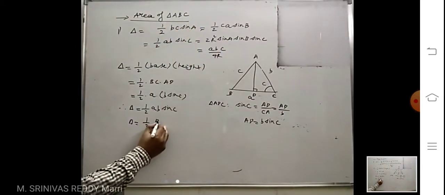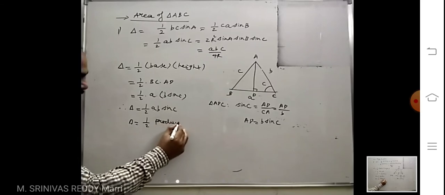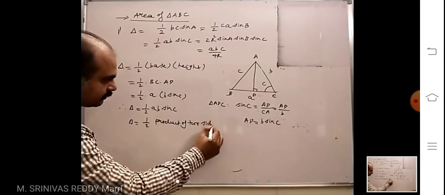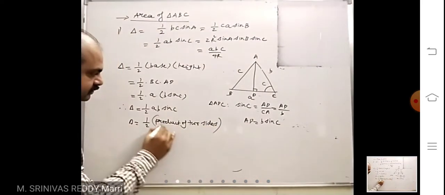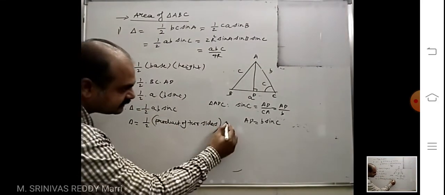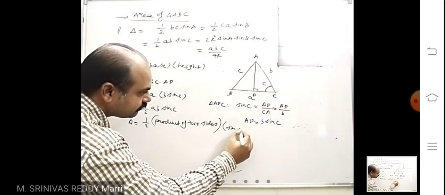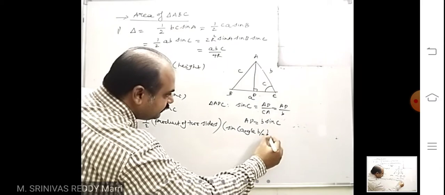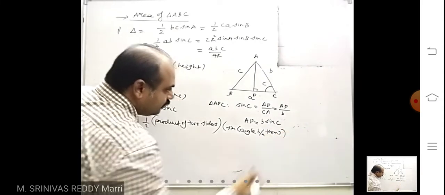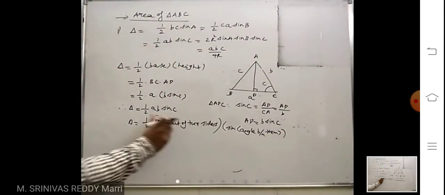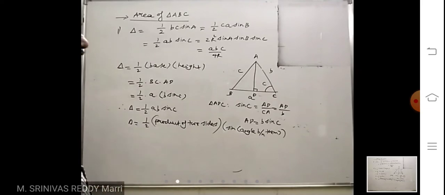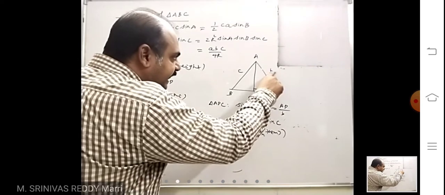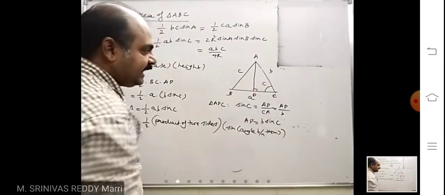Half into, the basic formula is, the product of two sides into the sine of the angle between them. That means you can calculate the area if you know any two sides and the angle between them.